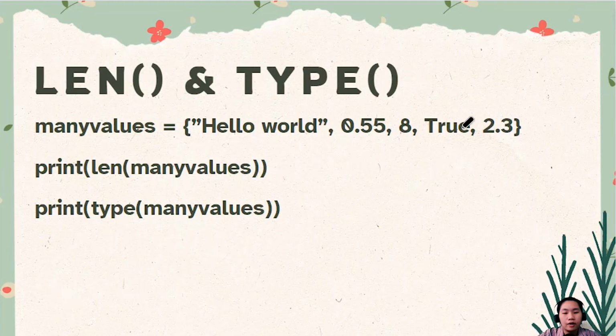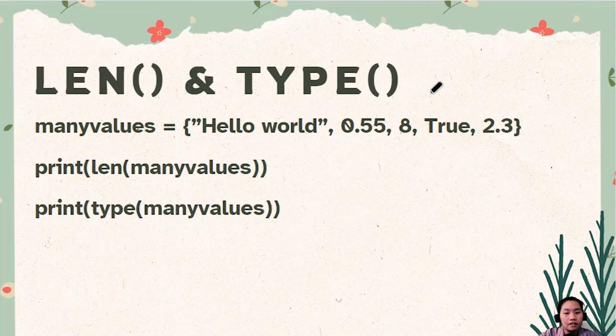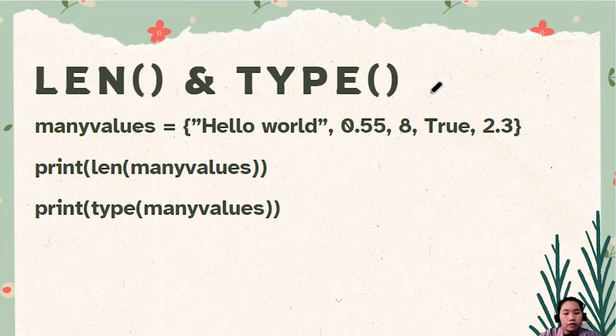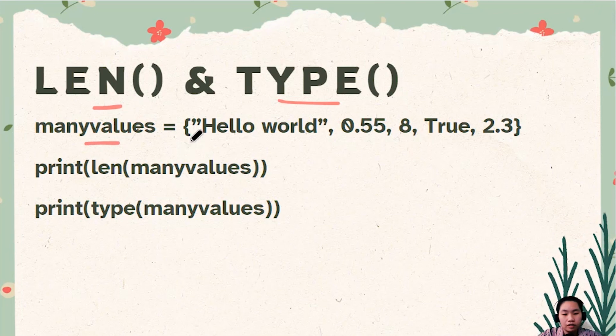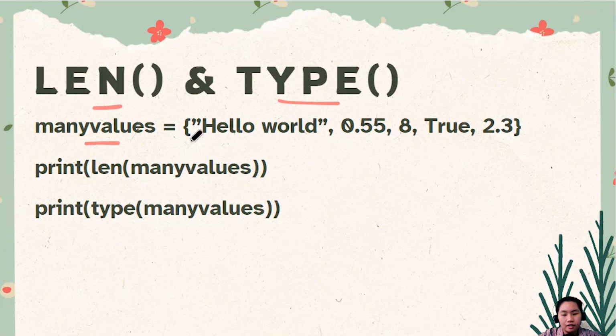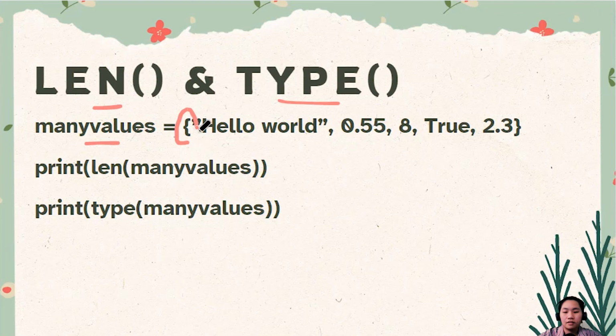Now, let's look at how our common methods work with sets: length and type. I'm sure that you know these two quite well already. Now, I have many values, basically a set. If you haven't noticed, the thing that differentiates the syntax of the data sets is the different types of parentheses.